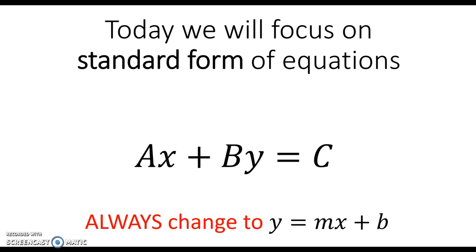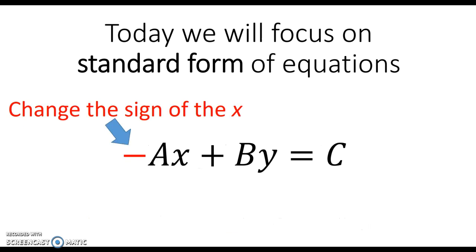The first thing that we want to do is to change the sign in front of the x value. Now the x value should always be positive, which means you're going to make it negative. But in the rare occasion where they give you a problem where the number in front of the x is negative, then you would change it to a positive before doing this.